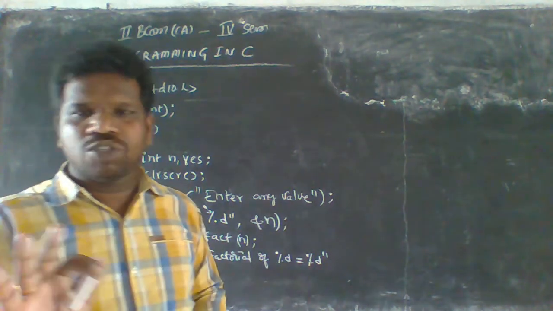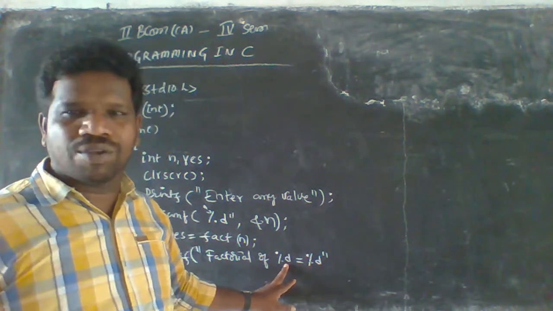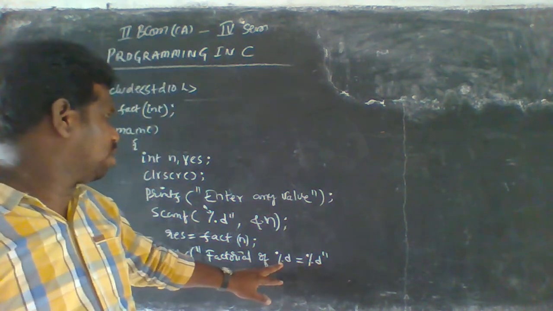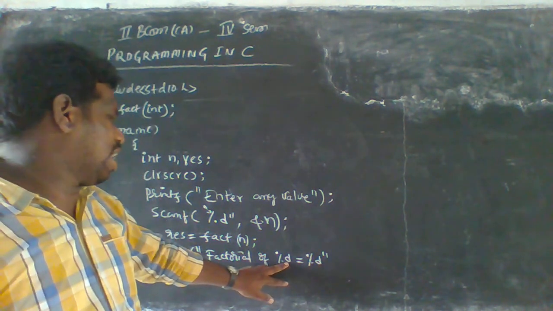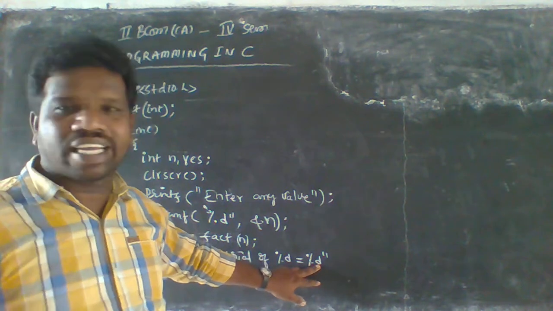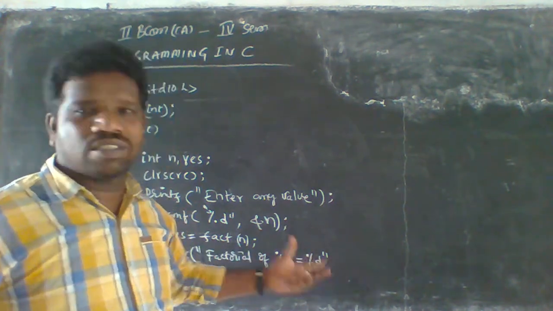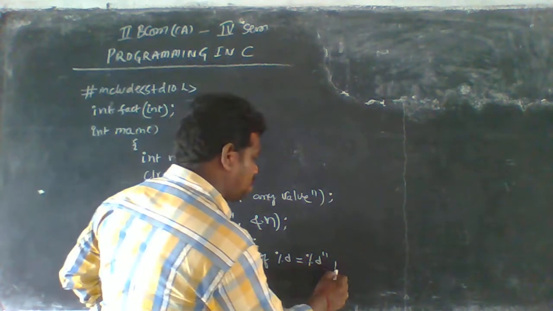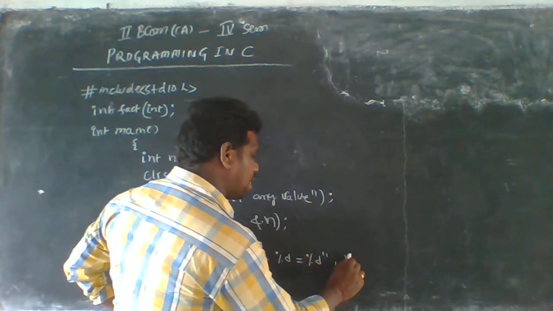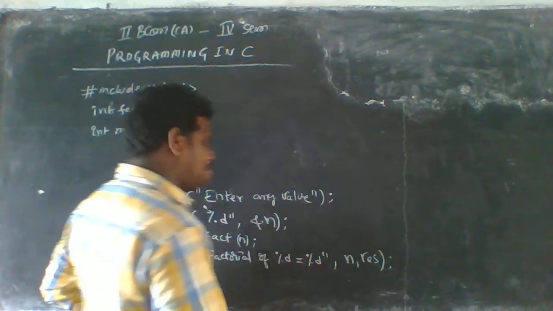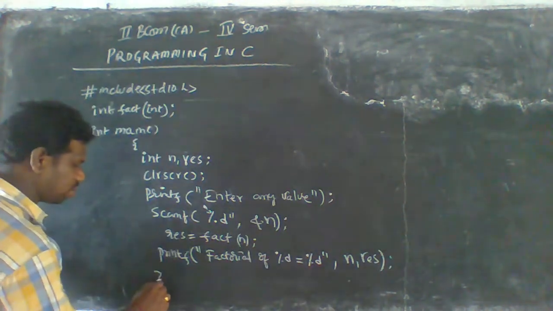The first percentage is going to the n value, and the second percentage is going to the result. The result will be placed at the result value. That's why we specify a comma; the first value is n and the second is result. And we close these braces.